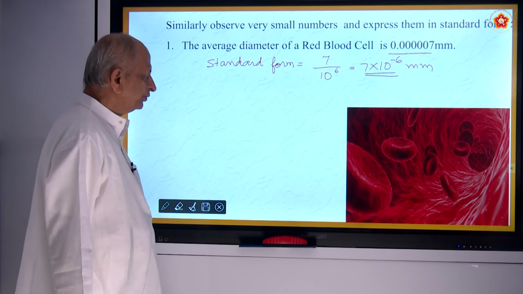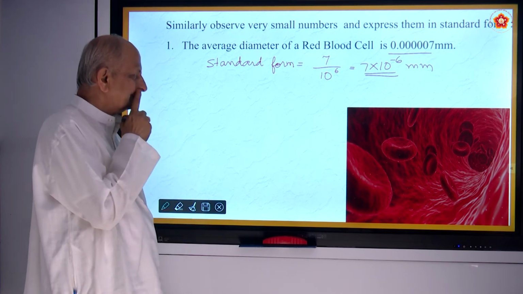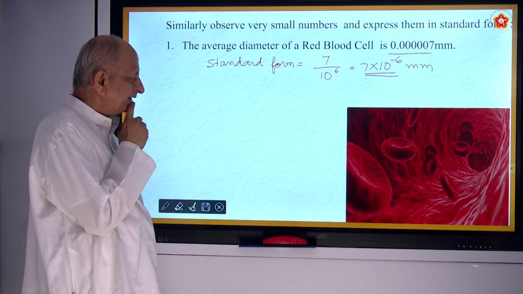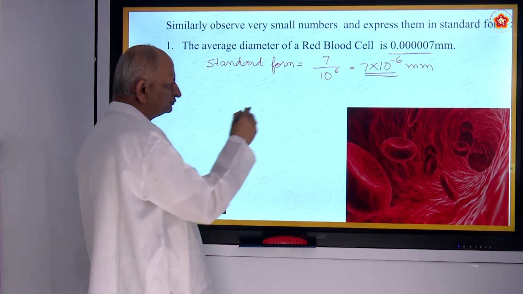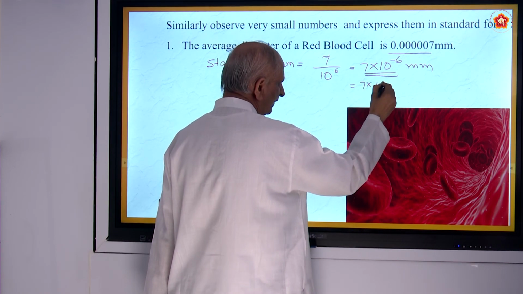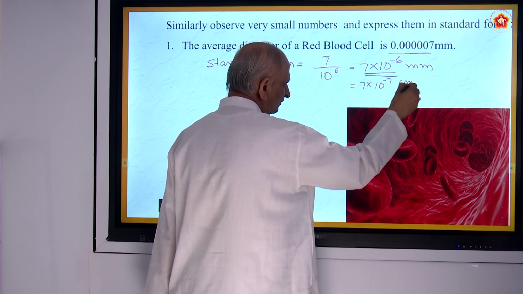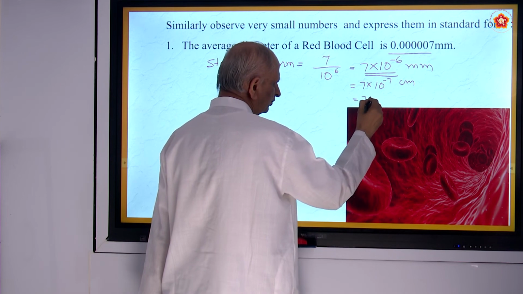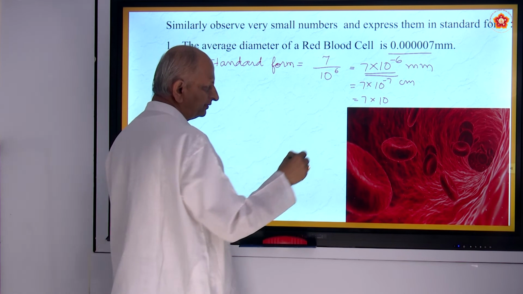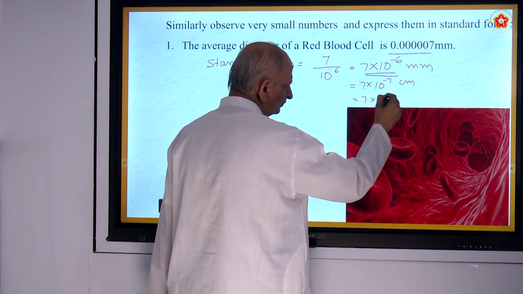And if you want centimeters, 10 to the power of minus 7 it becomes. And meters, so this is equal to 7 into 10 to the power of 7 minus 7 centimeters. Also equal to 10 to the power of 1 meter. How many centimeters? 100.